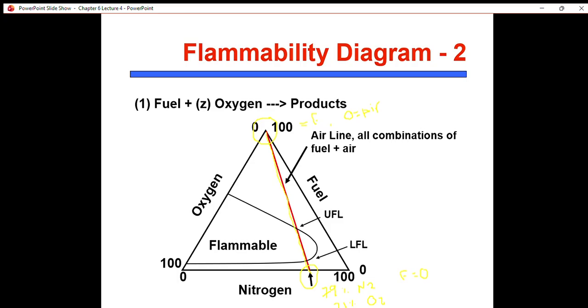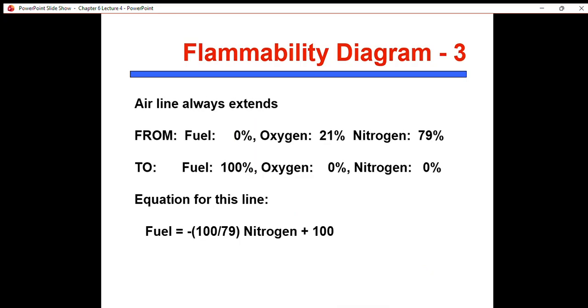You can get only pure air, where you have only oxygen and nitrogen, and you can get only pure fuel, where you have only fuel; there is no air at that point. This is how you normally draw the airline.